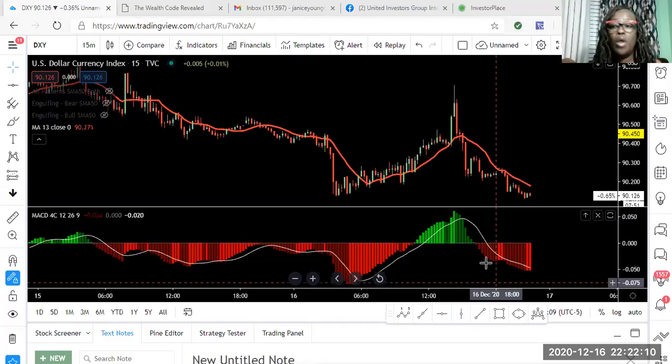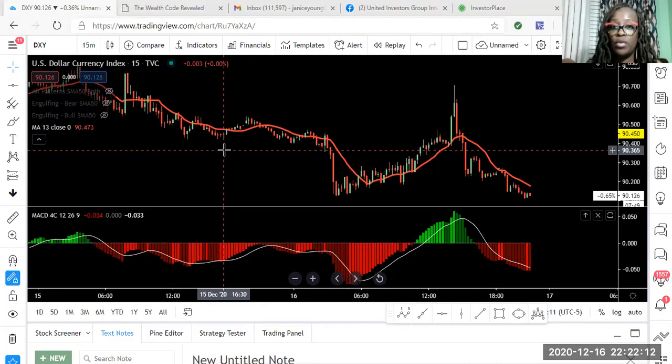Alrighty, so on the DXY on TradingView, and let me just say this: if you do not have TradingView, I do totally recommend that you get TradingView. It's a universal platform. It's not subjected to manipulation from brokers, right? The only thing you can't do is trade on here, but you can certainly analyze on here. Lots of bells and whistles, lots of tools that you can use to help analyze the market properly.